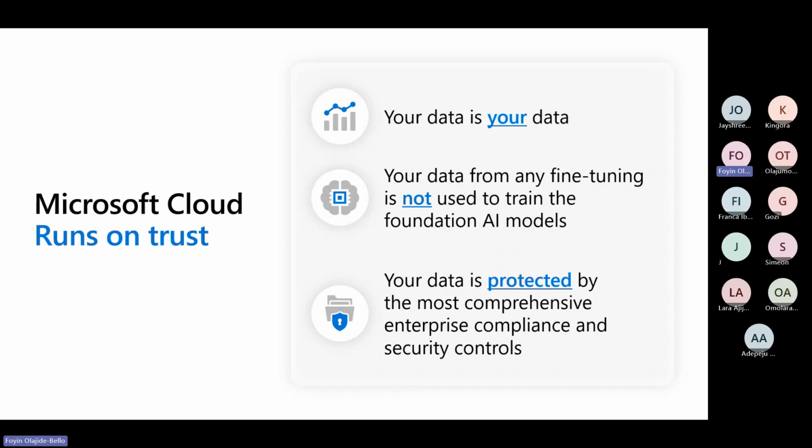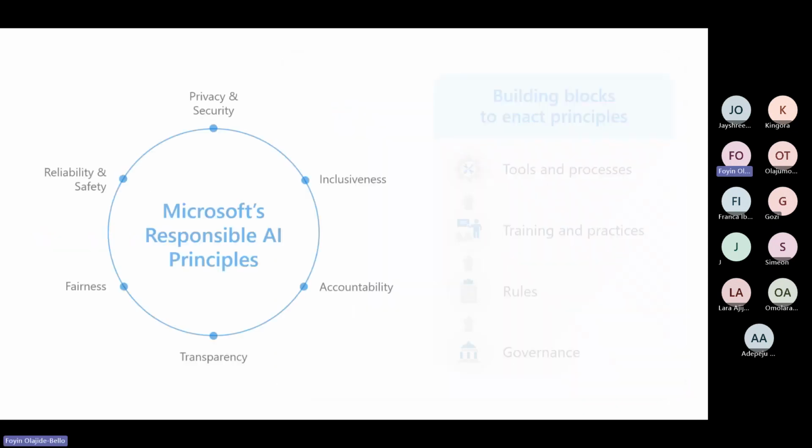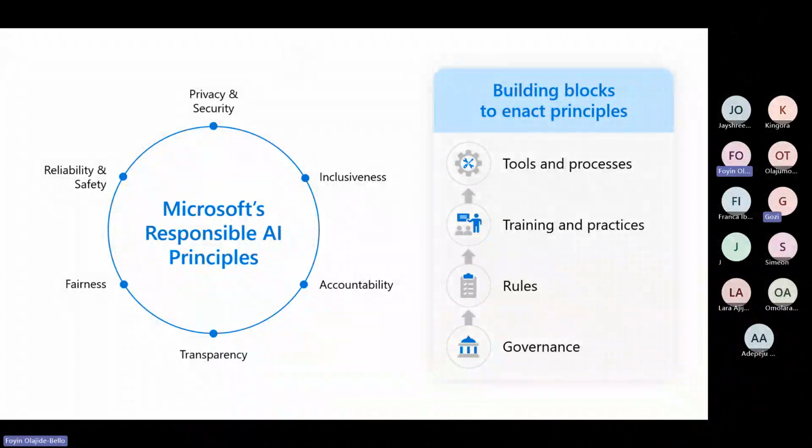Their models are already trained. Your data is protected, like we already saw with the principles and compliance level that Microsoft uses around their AI services for copilots. But again, I would say don't put personal data in any copilot prompt.